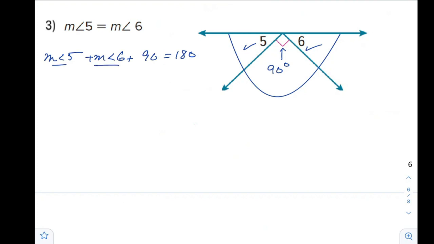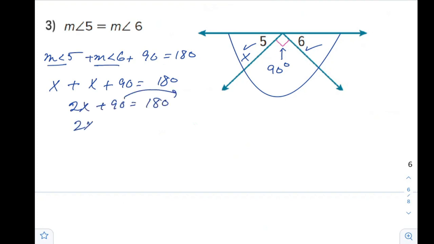The measures of angles 5 and 6 are the same. So if you call this x, let's say, this is x and this is x. So we have 2x equal to 90. If you divide, your x is 45, which is one of the angles.